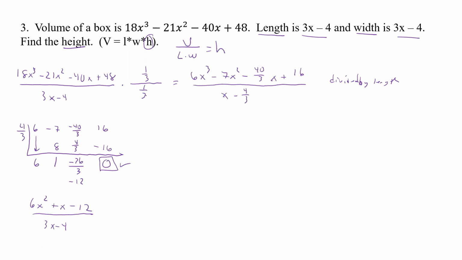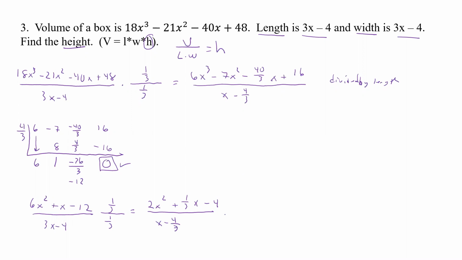And so we're going to have to do the same thing here. So we're going to have to multiply by 1 over 3 and 1 over 3. So 6 divided by 3 is 2x squared, and then we have plus 1/3 x, and then we have minus 4 all over x minus 4 over 3.